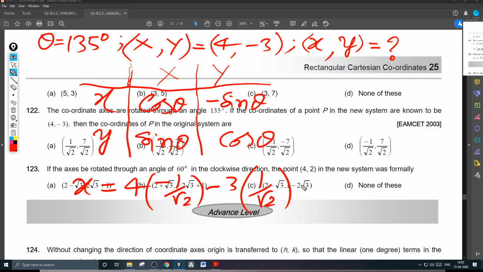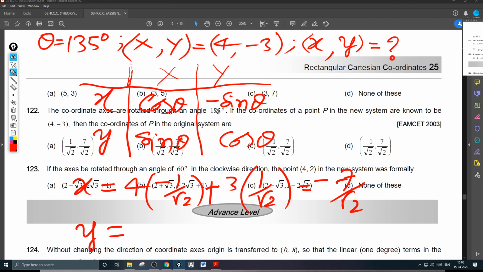So your x is minus 4 by root 2 minus 3 by root 2, minus 7 by root 2. This becomes plus.